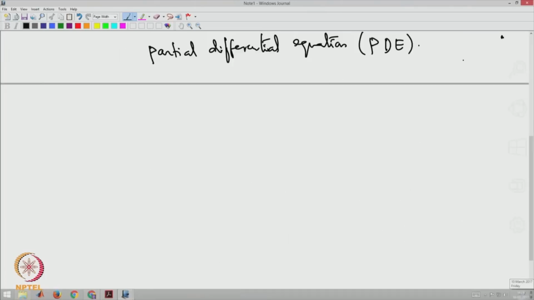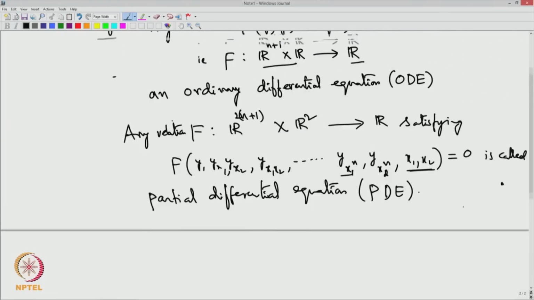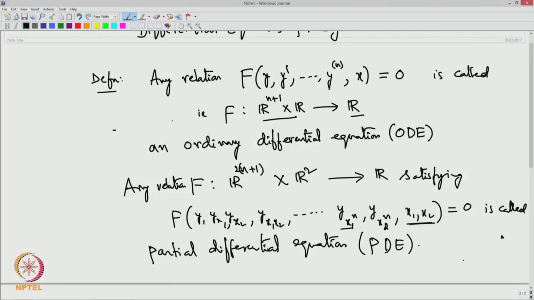So, when do you say a differential equation is linear? A differential equation is linear if F is linear in y, y dash and all the nth derivatives, in these variables.